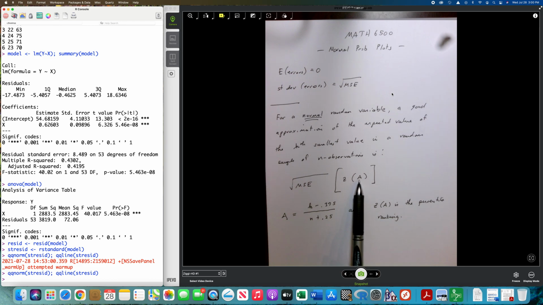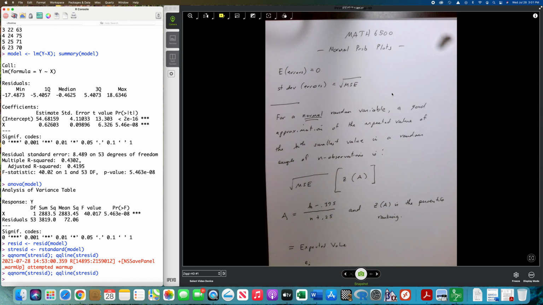So in other words, we're going to calculate this a using this. Then z of a will be the percentile ranking of that. Multiply that times the square root of the mean square error, and we get the expected value. So at the end of the day, once all the smoke clears, we will plot each e sub i, each error, against its expected value, assuming that we have normality.